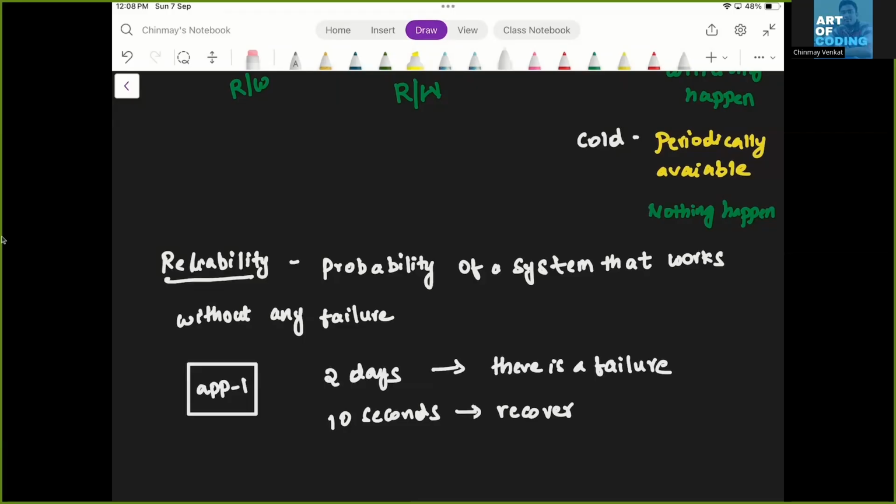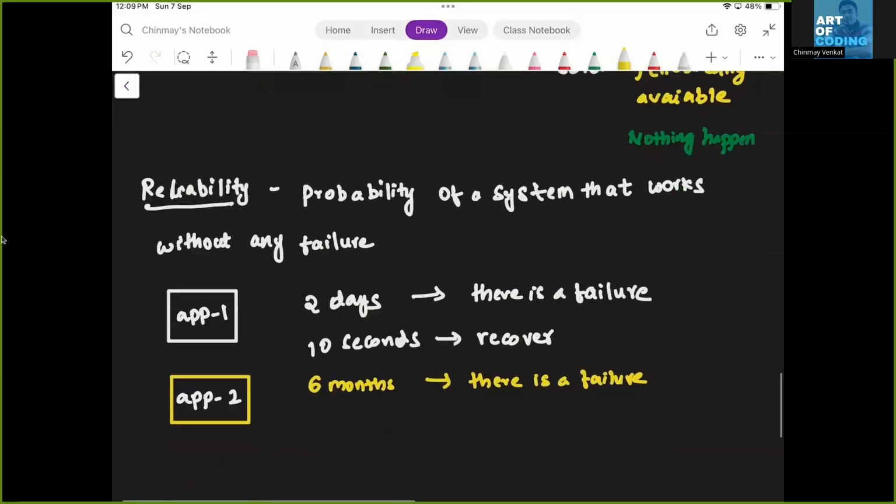Let us consider another application called app2. Every 6 months there is a failure, and it takes 8 hours to recover.